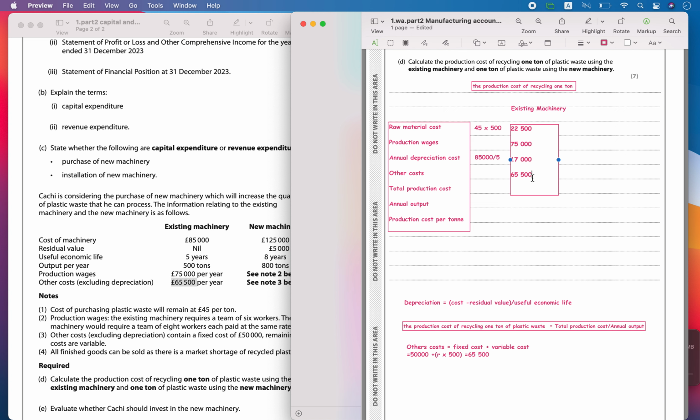So with that, let's calculate the total production cost. So it's going to be 22,500 plus 75,000 plus 17,000 plus 65,500. That's going to be equal to 180,000 pounds.